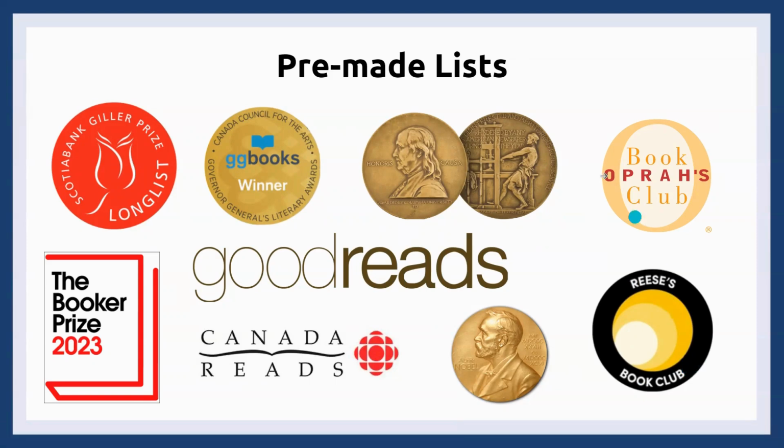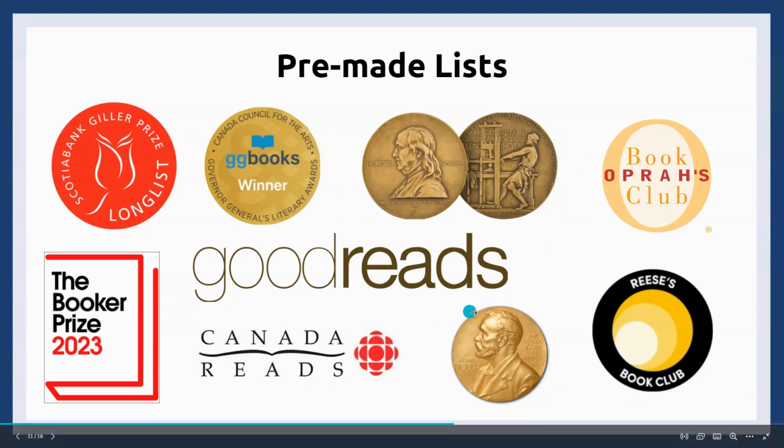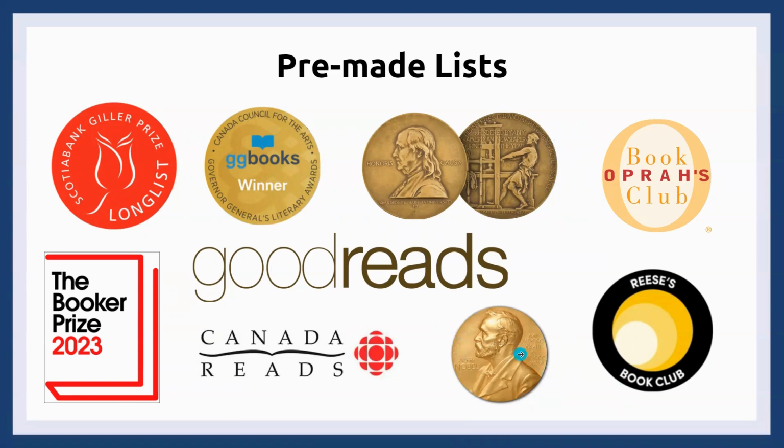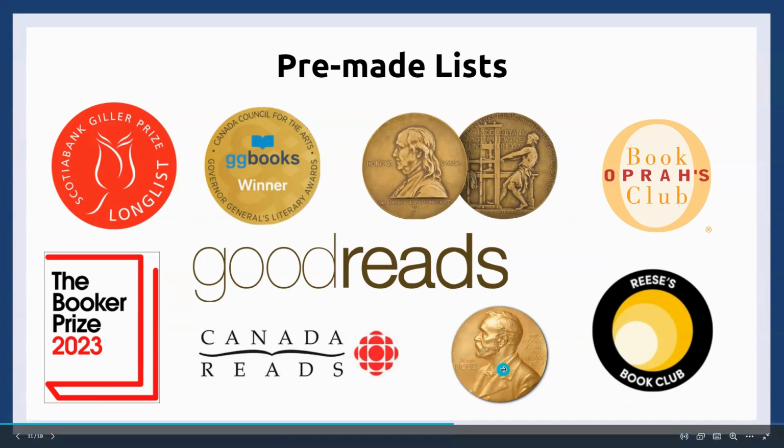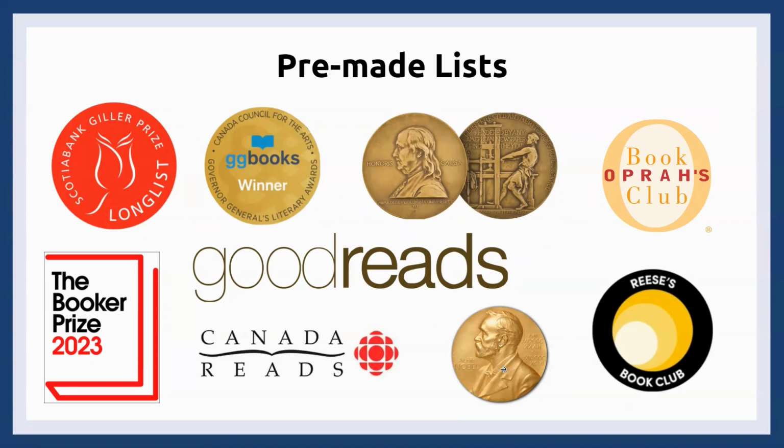I have the Pulitzer Prize, which is distinguished fiction in book form by an American author. The Nobel Book Prize, which is not awarded to a particular book, it's awarded to an author. So this might be an avenue to go down, look at the most recent author who won the prize, and then maybe pick some of their work to be read in the book club.